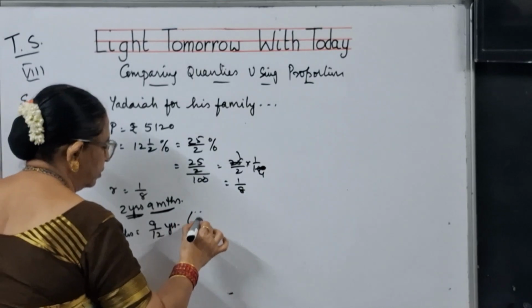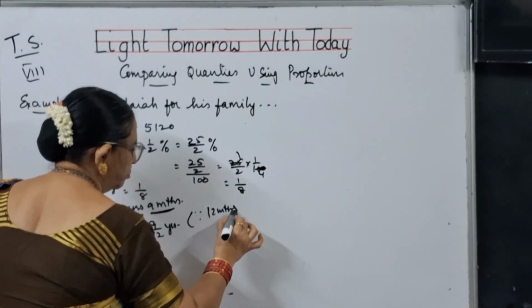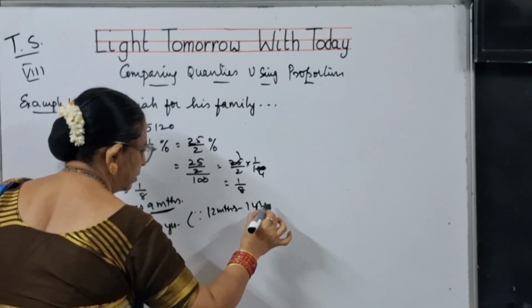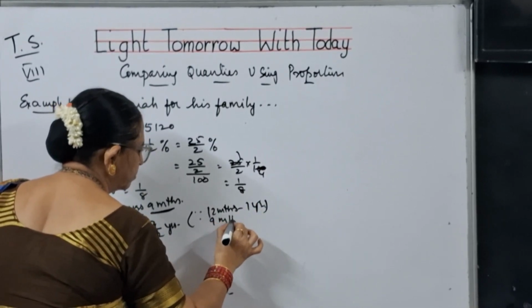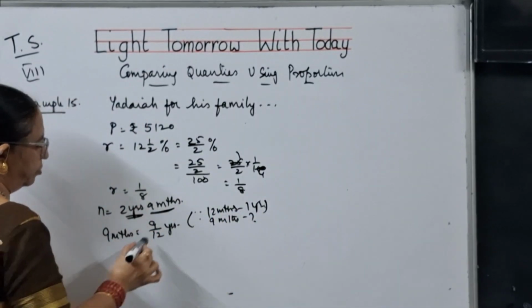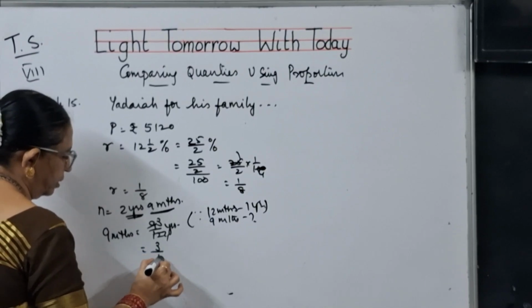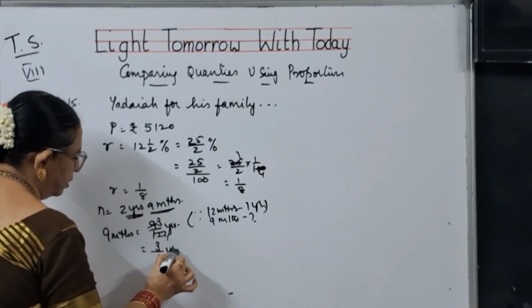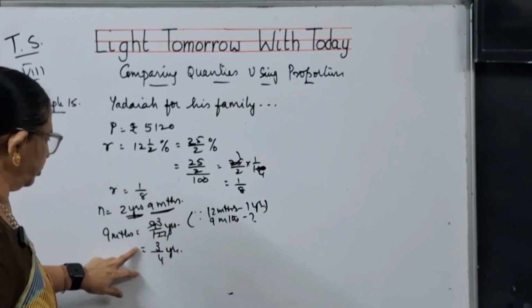Why? Because 12 months means 1 year. So what is 9 months? 9 into 9 by 12 you will be getting, 3 3s are, 3 4s are. So it is 3 by 4 years.